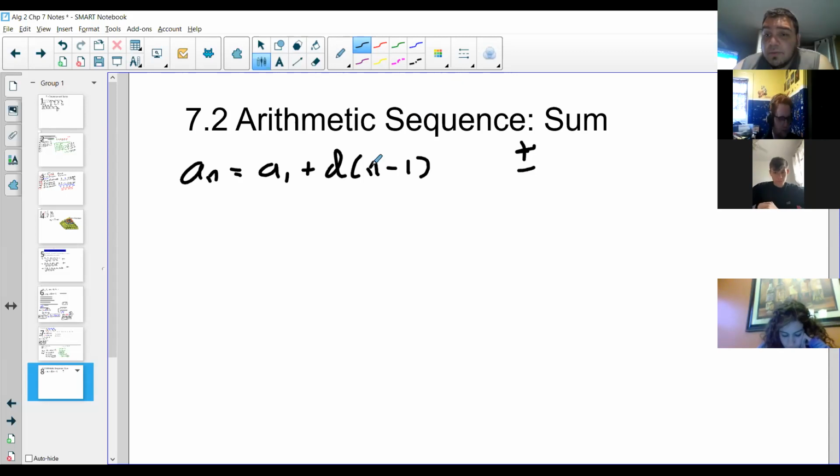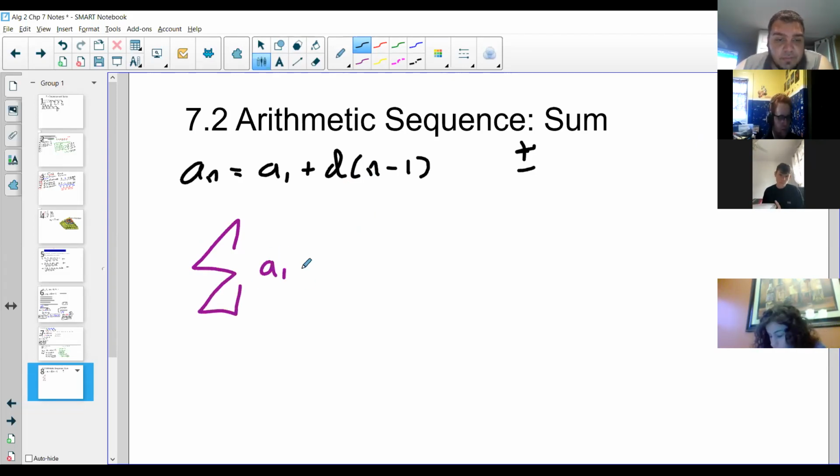So the notation will be the same from 7.1 as it is in this one. You're going to have this weird little E. You'll have whatever your equation is, a_1 plus d(n minus 1), and then you have n probably starting equal to 1.